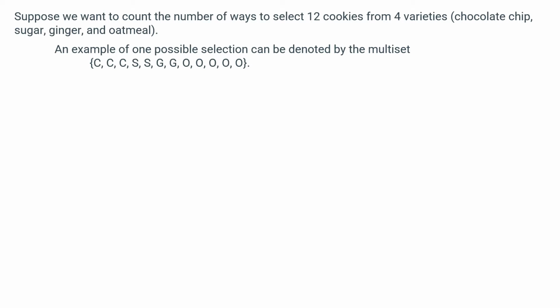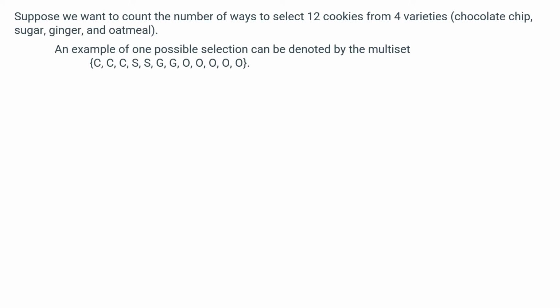And so if we look at this as a multiset, then we could repeat some of the elements. We have the C repeated 3 times, and that would represent the fact that we have chosen 3 of the chocolate chip cookies that start with a C. 2 S's would mean that we've chosen 2 sugar cookies, 2 ginger cookies, and then 5 oatmeal cookies.